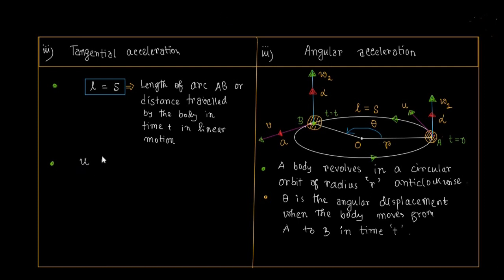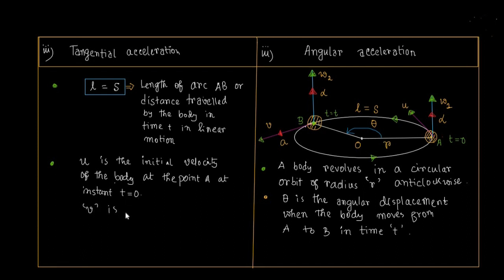And also, u is the initial velocity, or initial tangential velocity, of the body at the point A at instant t equal 0 second.